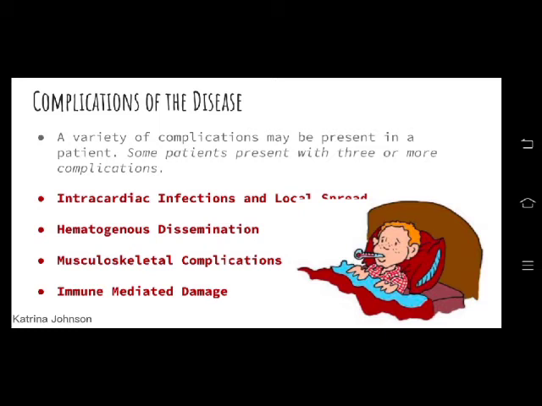So it really just depends on the patient. These are broken down into 4 main categories: intracardiac infections and local spread, hematogenous dissemination, musculoskeletal complications, and immune-mediated damage.